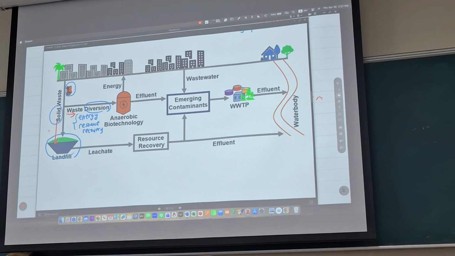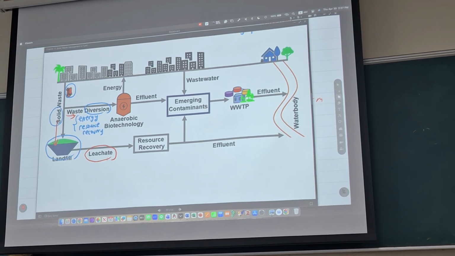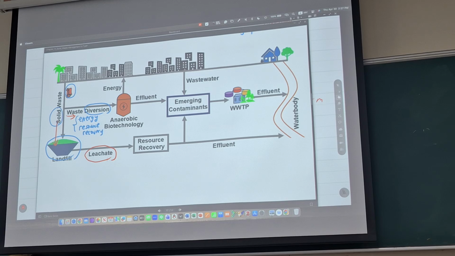And leachate will always be produced. You cannot prevent this.